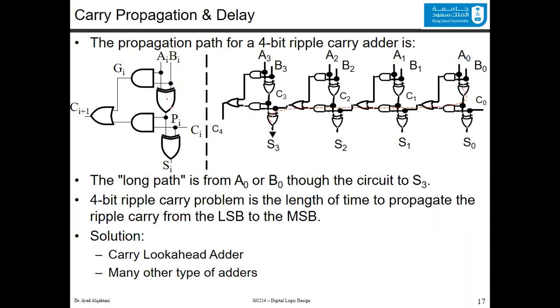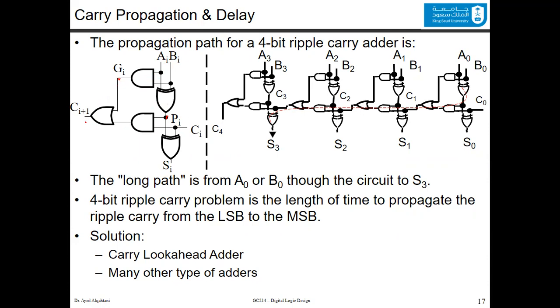You can see we have 2 XORs to generate the sum, and we have a half adder and another half adder and the OR gate that we discussed before, but it was drawn in a different way. Also this is the propagate signal after the XOR.